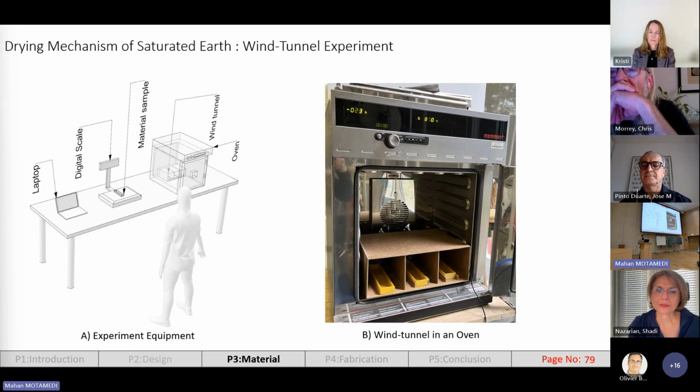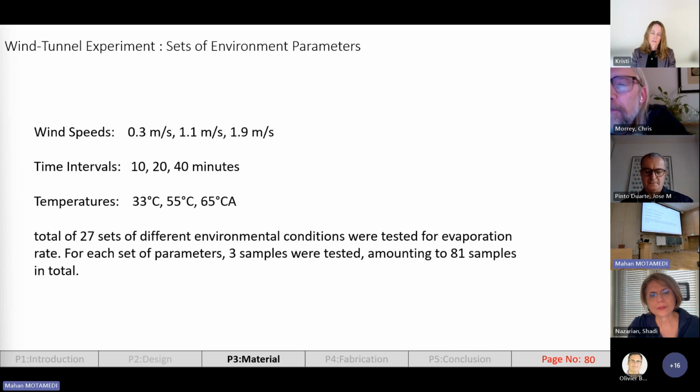Then we put this box inside an oven in order to control the temperature of the environment to which the material is exposed. With this setup, we measure the weight of the material before and after putting it in the oven and exposing it to the wind speed given by the computer fan, in order to evaluate the evaporation rate.